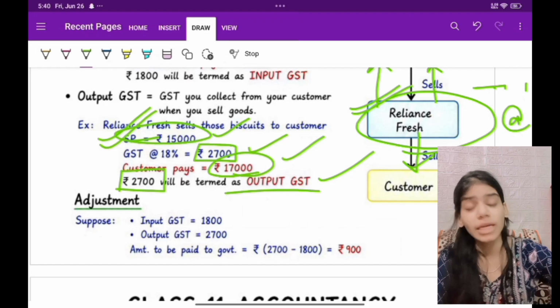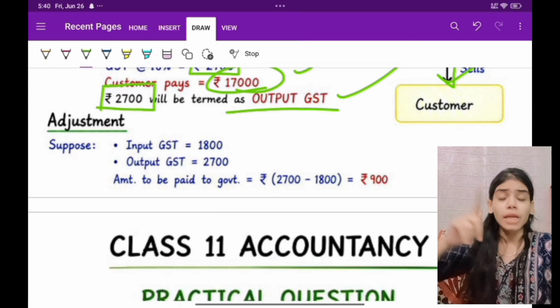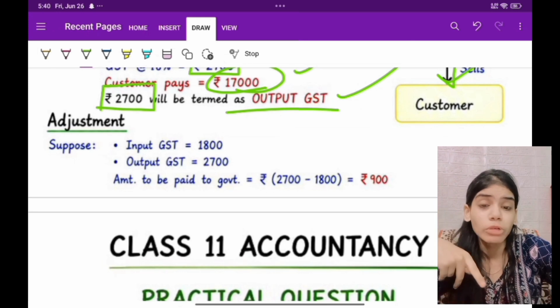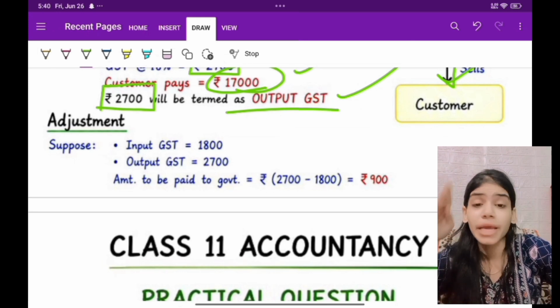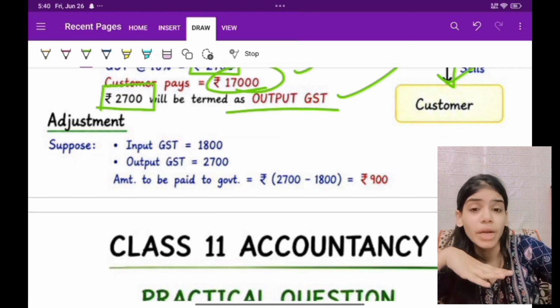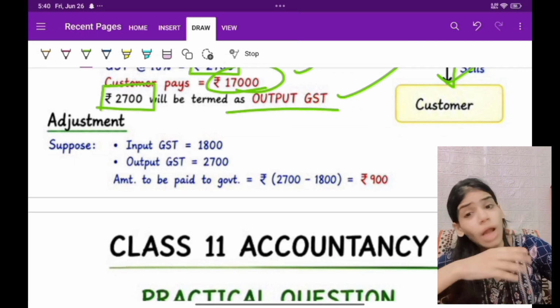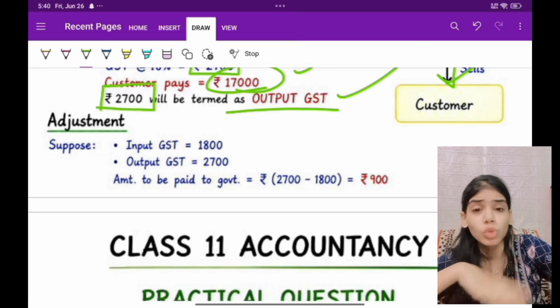Now the main thing is how this adjustment of input GST and output GST takes place. Now think, when the Reliance company bought goods from the manufacturer, they already paid 1800 of GST, and when they sold the same goods to the customer, they got 2700 of GST. So what do you think? They will again pay the whole 2700 amount to the government?